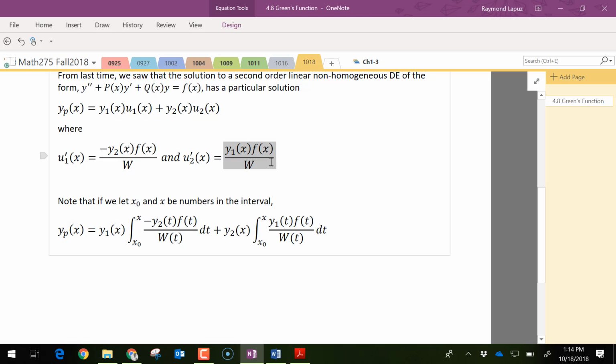For u2, I would take the antiderivative of u2 prime and then multiply it by y2, and then if I add those together, I get my particular solution. By doing this, you're actually also solving for the arbitrary constants C1 and C2 along the way.